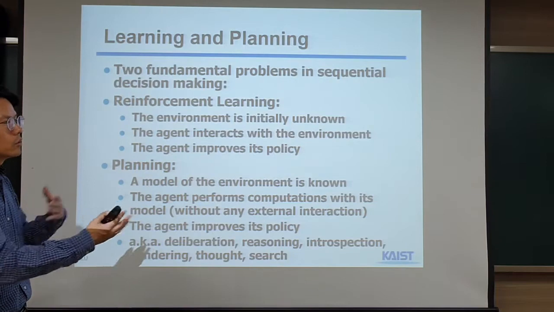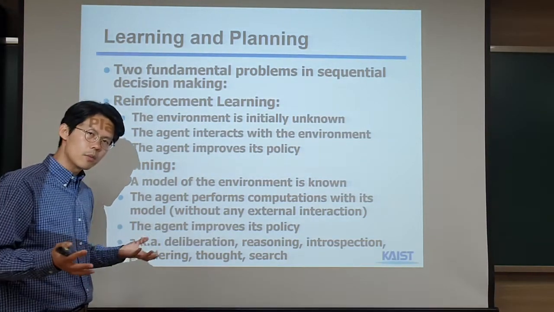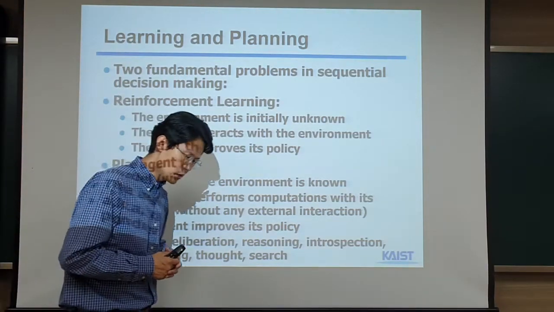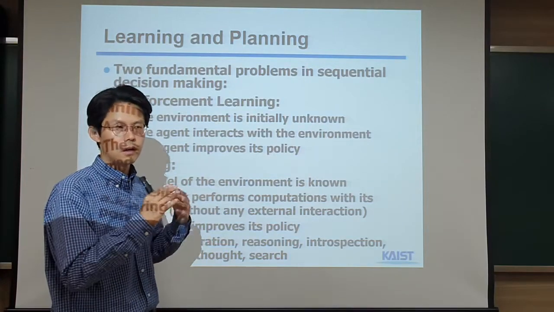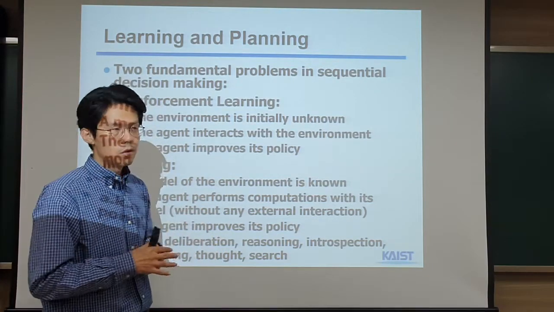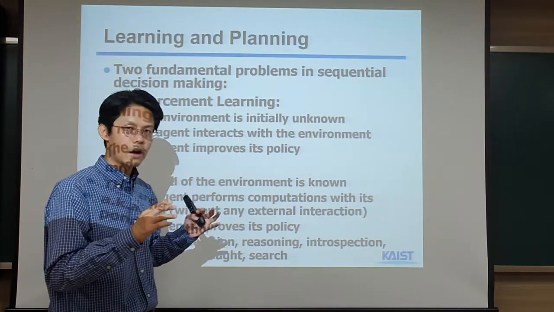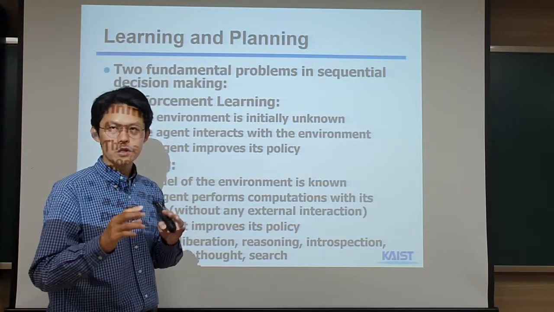Since we don't need to interact with the environment, right? But in a lot of cases we know the environment, but some of the information is not known. For example, before I talked about sensor noise, right? Initially we don't know what kinds of noise or error the sensor that we are using will have, right?